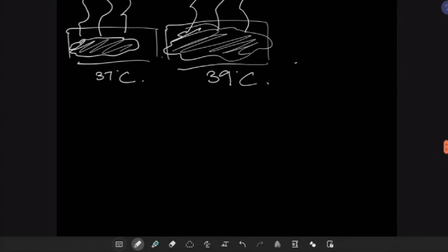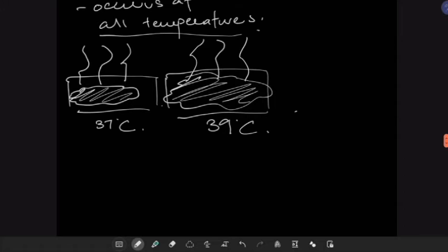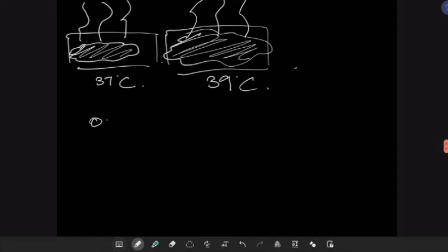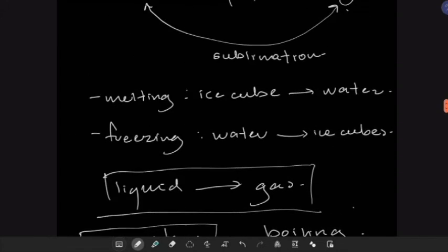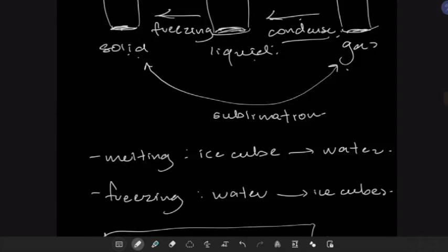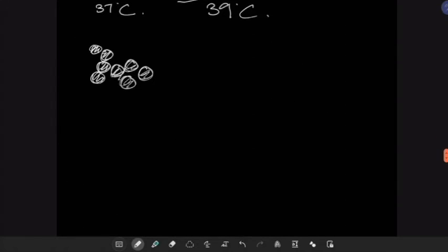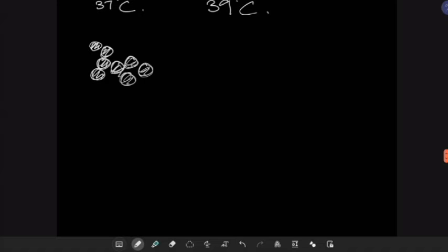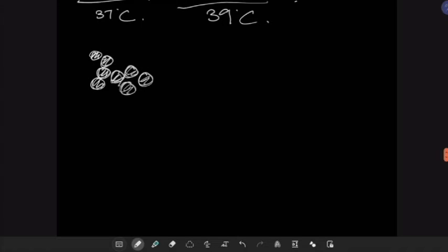Besides this, let's go back to the particulate nature of everything. When a liquid evaporates, the key concept that you have to understand is that when things go right, in this case, melting, evaporating, they gain energy to change from one state to another. Further on, we will learn about another concept that explains this.